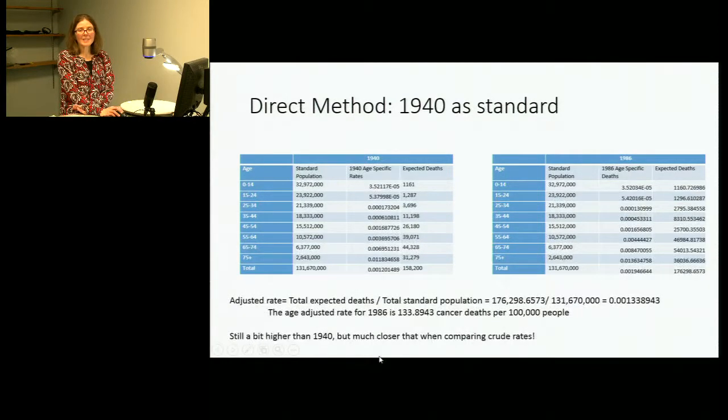We can see that this is still higher than the rate of about 120 per 100,000 people that we saw in 1940, but it's much closer than we saw when we compared crude rates. Remember, the crude rate for 1986 was 194 per 100,000 people, so this is a much closer comparison once we control for age.